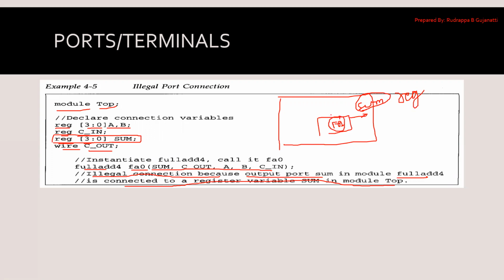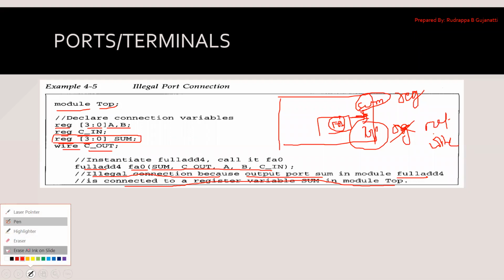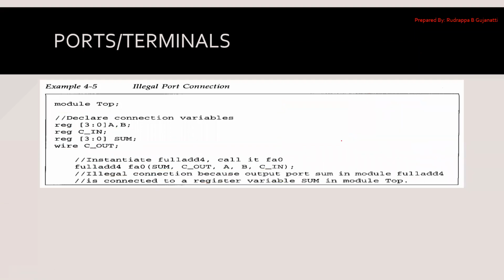But this one is coming as input to the top module. Since it is acting as input to the top module, I cannot declare it as a register data type. It has to be a net data type, that is, I have to declare it as a wire. That is the problem they are specifying here.